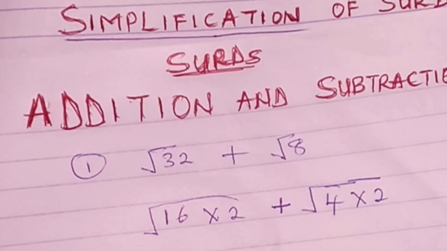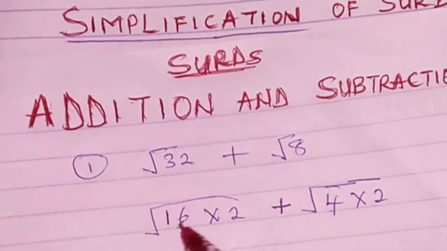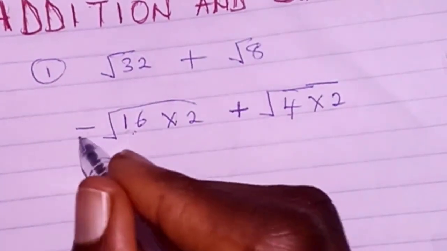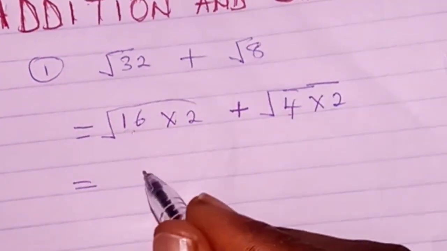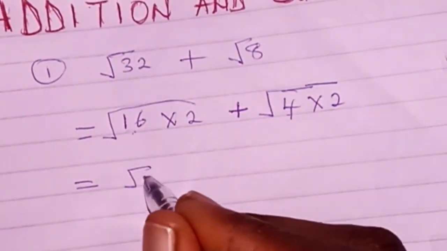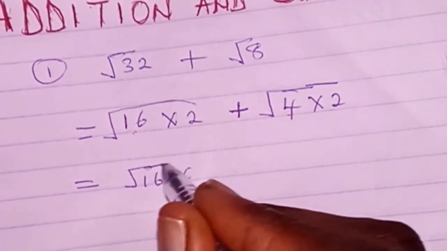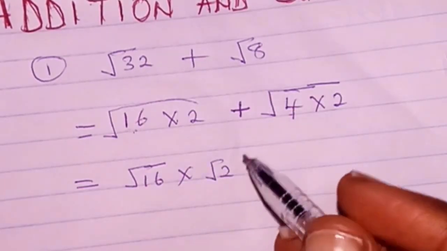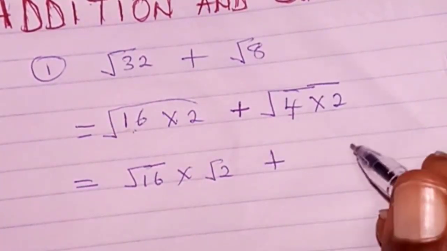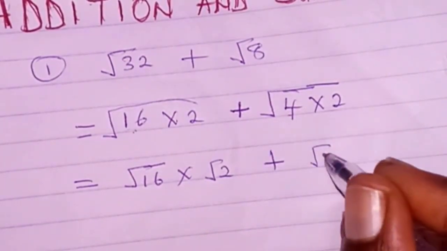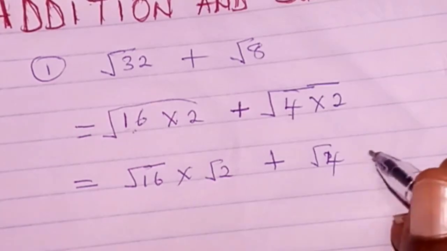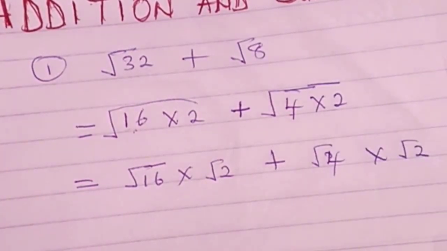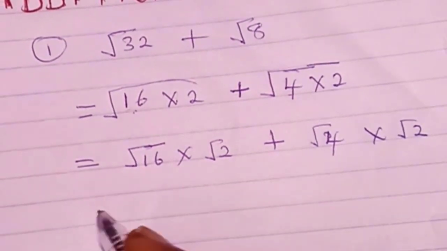But one thing you should take note of here is that this is a perfect square, and this is also a perfect square. Now let's break this down further. Let's separate them. So we'll have root 16 times root 2 plus root 4 times root 2. Okay.